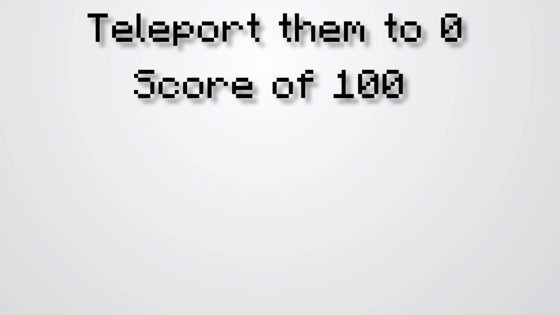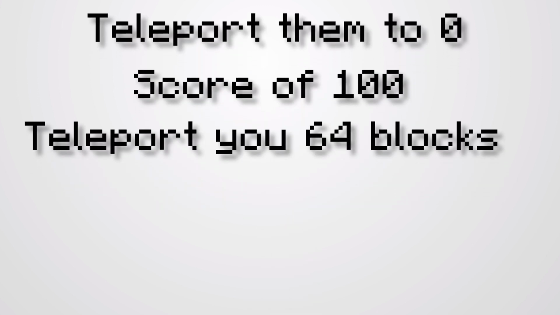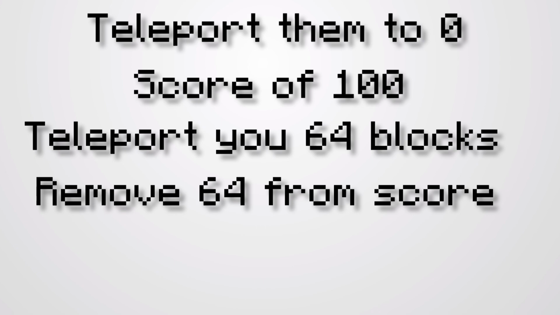So let's try this. If you teleport a player to 0 on the x-axis and their scoreboard reads 100, your creation will check which is the first score to match under 100. In this case, that would be 64. It would then teleport you 64 blocks in the positive x direction and remove 64 from your score. You are now left with 36 on your scoreboard, and the next digit it checks is if your score is over 32.